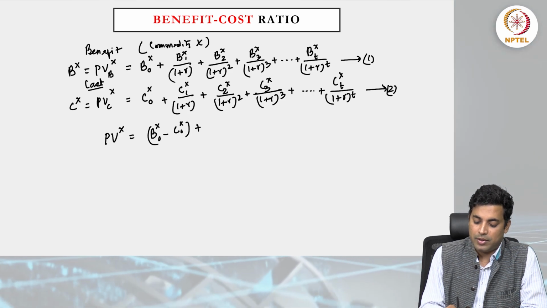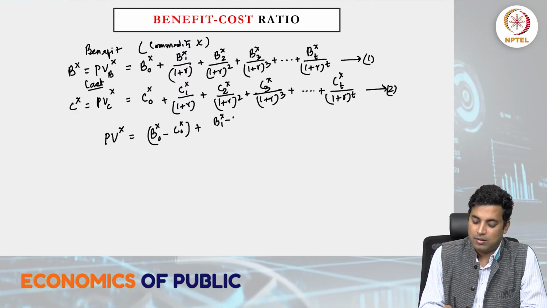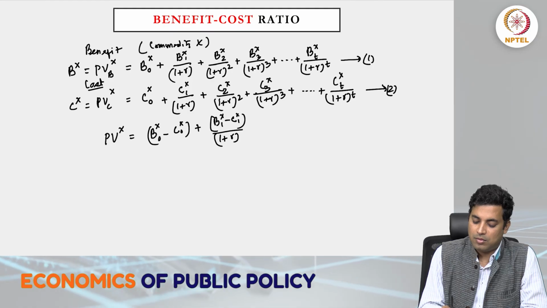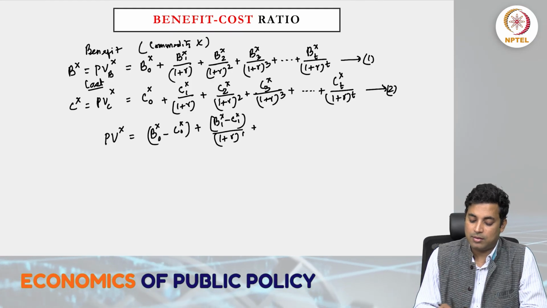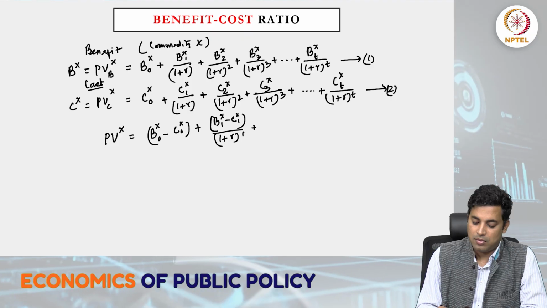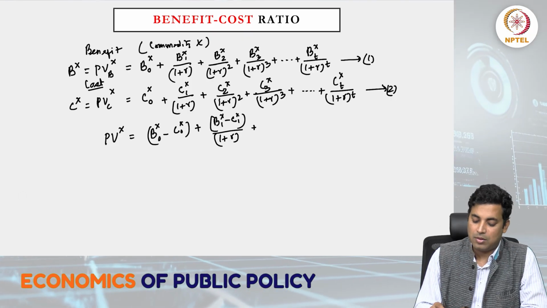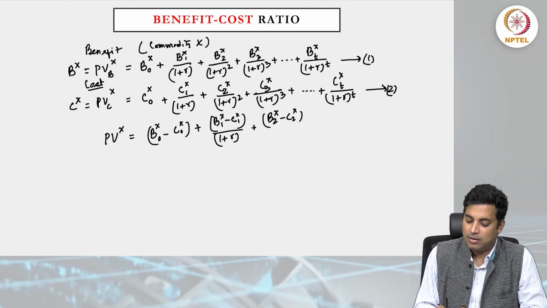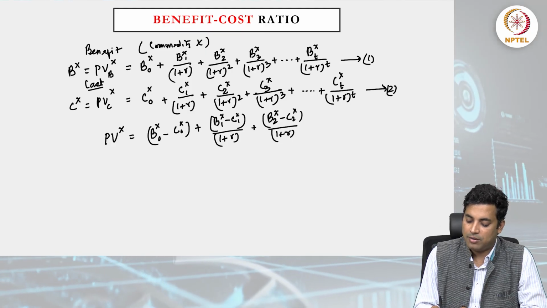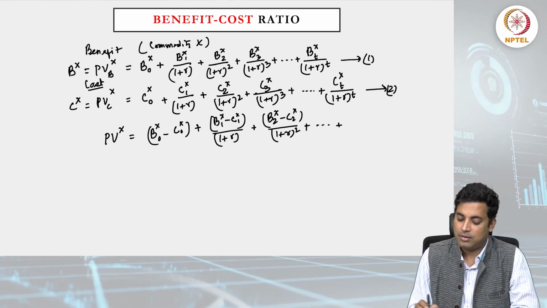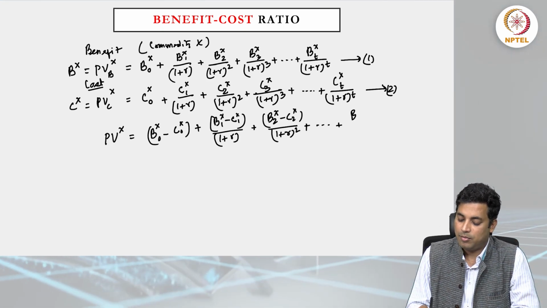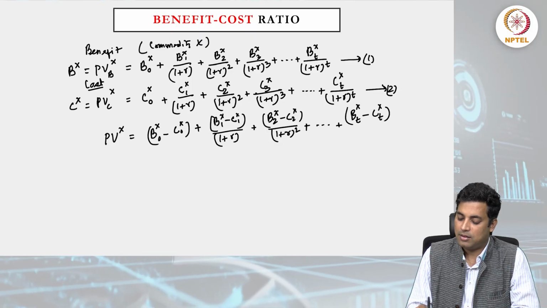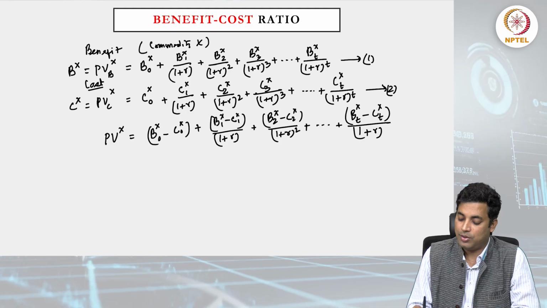So we get plus b2x minus c2x divided by 1 plus r square, plus likewise we get btx minus ctx divided by 1 plus r to the power t.